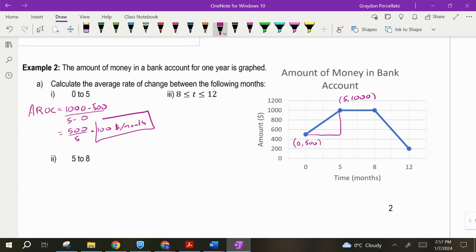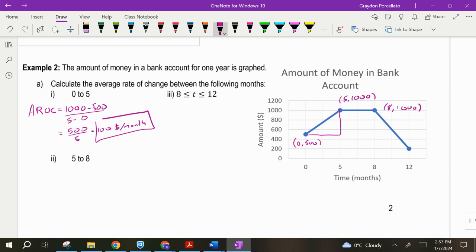The next one says between 5 to 8. Well, we can look at that one. It appears to be a flat line, and we know that the slope of a flat line is 0. This should be common knowledge from grade 9.